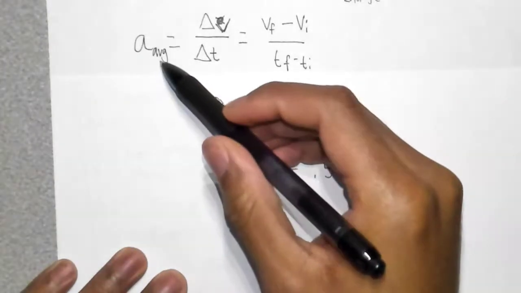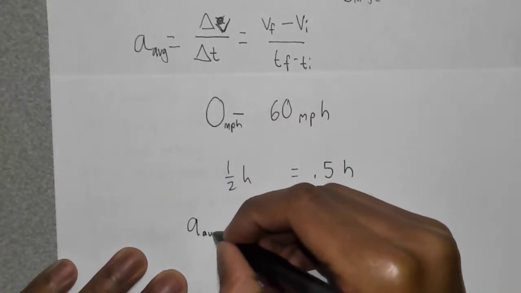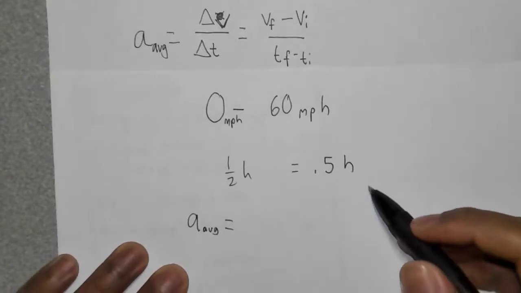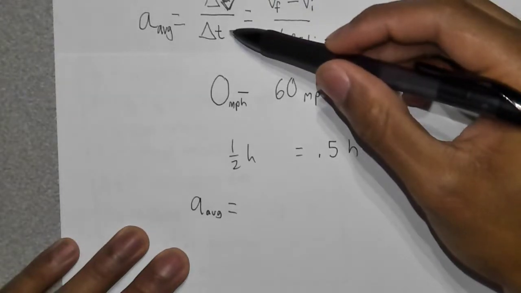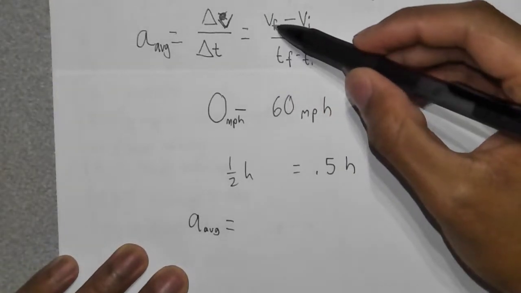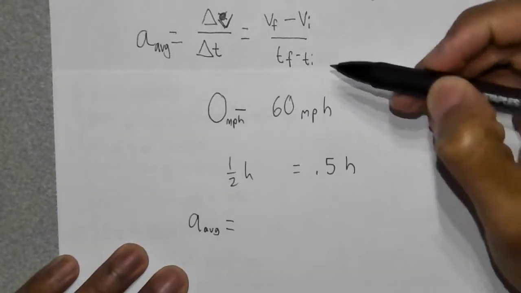So looking at our equation, average acceleration is going to be equal to change in velocity over change in time, or final velocity minus initial velocity over final time minus initial time.